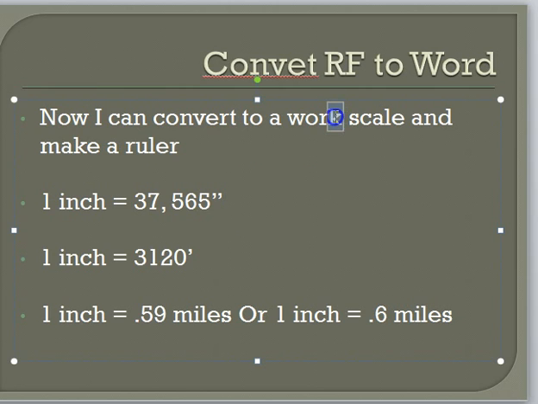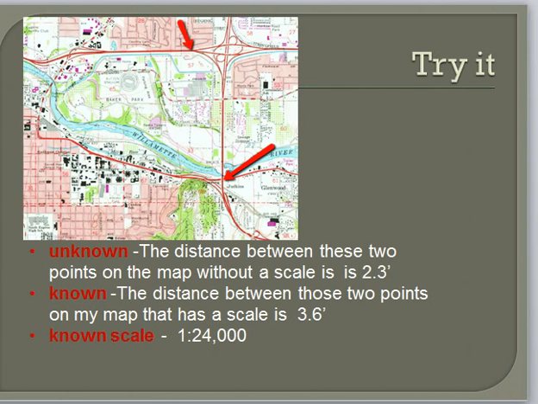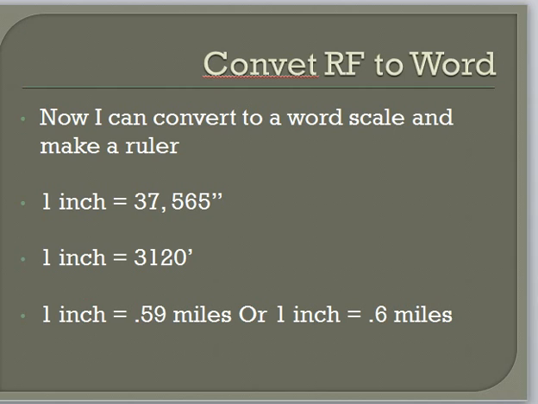To a word scale. Let me fix that. All right. So now we want to go the other way. We want to convert from a representative fraction to a word scale. And once I have figured out on my map what the representative fraction is, I can take that representative fraction, convert it to a word scale, and now I can make a ruler.